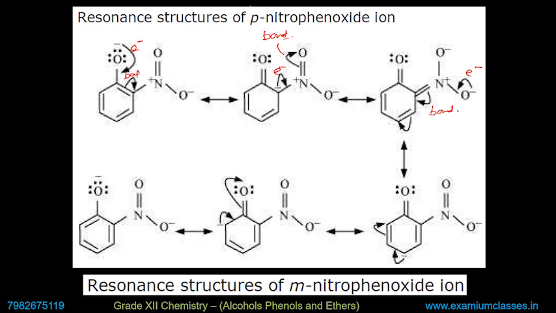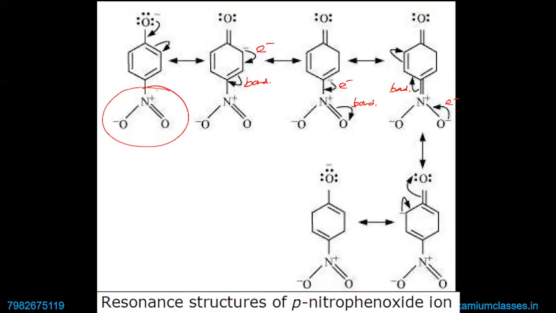Now here slightly these arrows are not correct, so I'm correcting these at both places. When it is coming back, actually this arrow is not like this. When the bond is broken, it actually provides electrons here. And within the same step, the bond is formed here and this bond is broken because these electrons are here. So these two steps are combined.